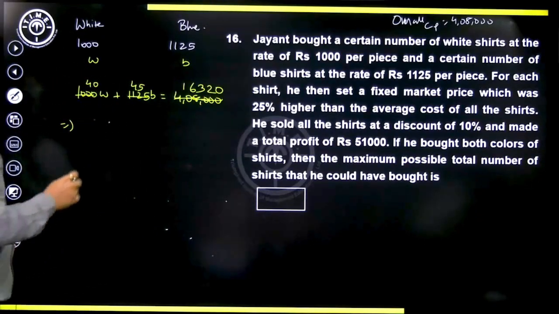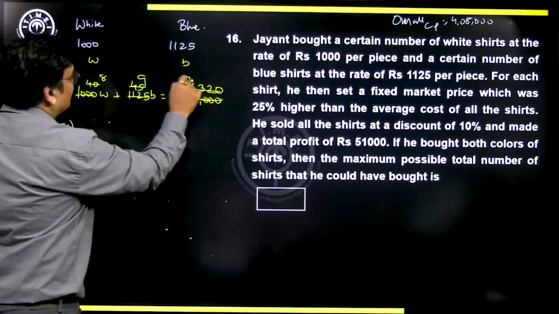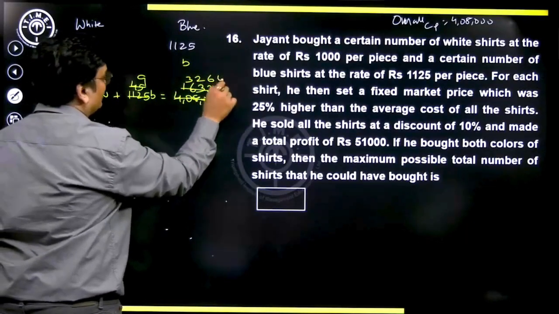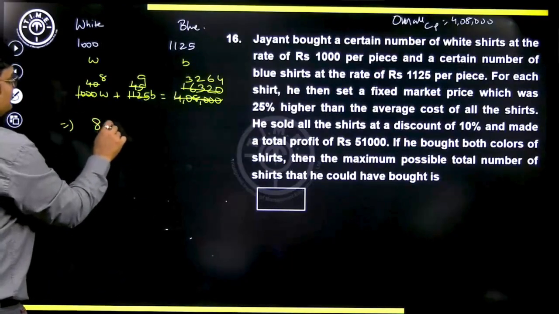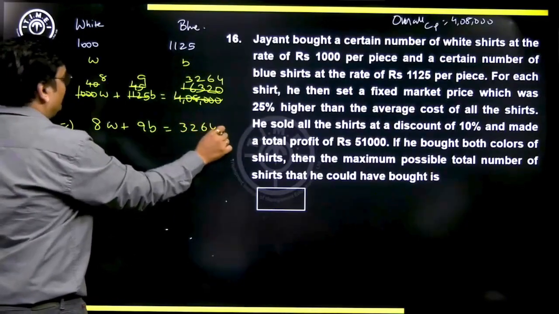Again we can cancel out 5, so it goes 8 times, 9 times, and 3264. So 8W plus 9B is 3264 is what we know.